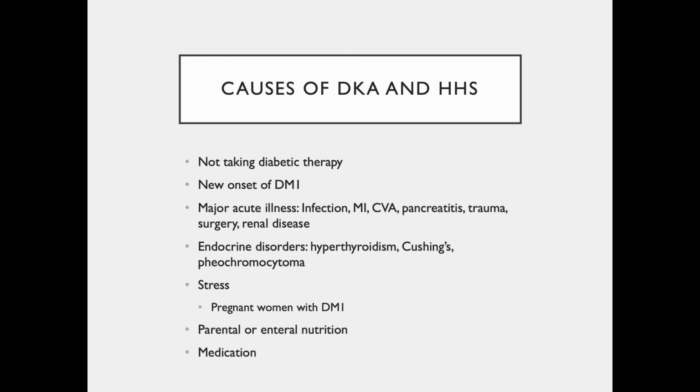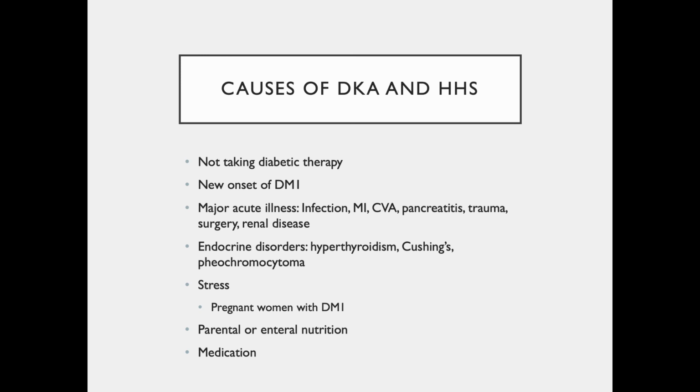They get a terrible infection, they get sick otherwise with a CVA or an MI, or they have surgery, or they're involved in trauma. Any number of these things throw them over the edge, so to speak, and their body can't handle it, and their diabetes spirals out of control, resulting in DKA or HHS.